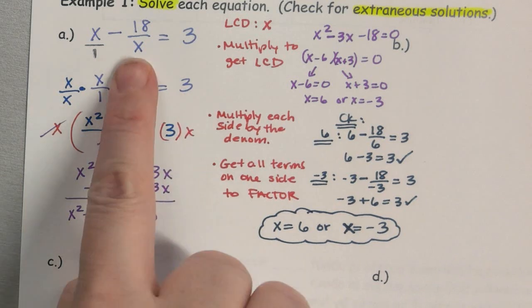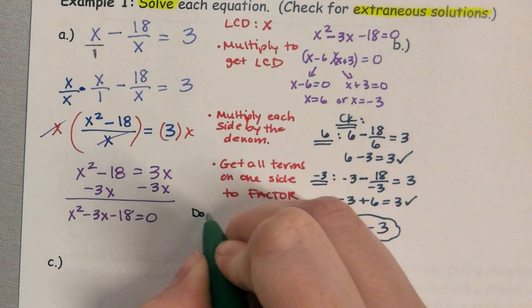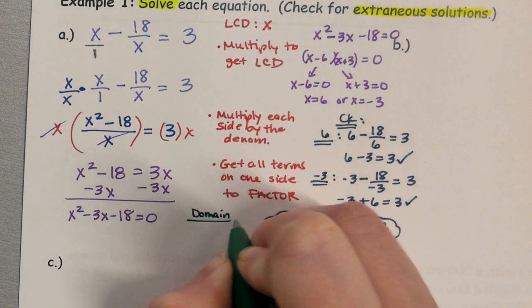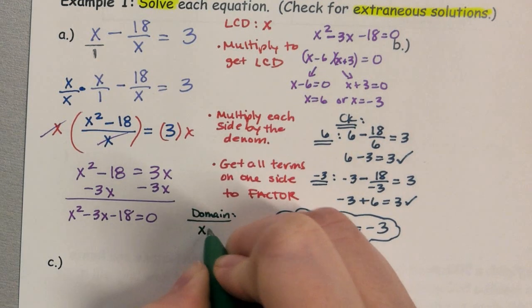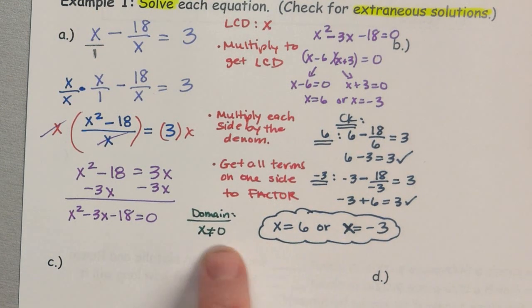X can't be 0 in this case, right? So when you're thinking of the domain of a function, you know that x cannot be 0. So if neither of these answers are 0, you should not have an extraneous solution. If one of your answers was 0, then that would be extraneous.